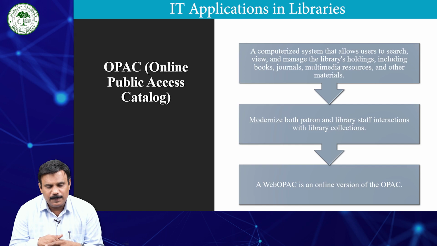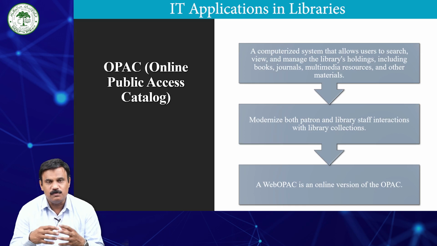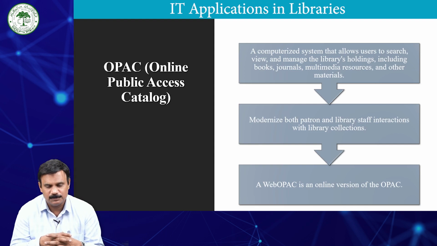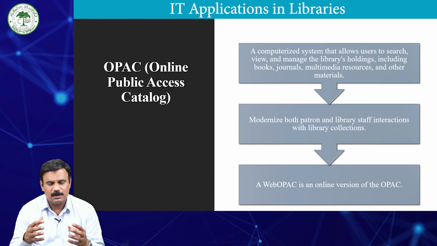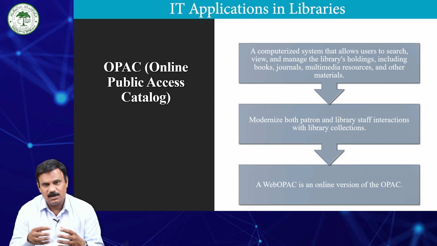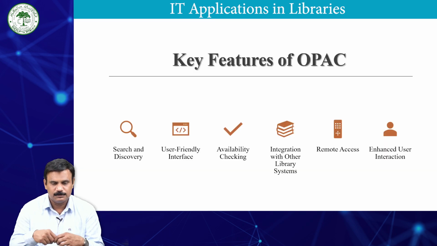So this OPAC is a computerized system that allows users to search, view, and manage the library's holdings, including books, journals, multimedia resources, and other materials. OPAC modernizes both patron and library staff interactions with the library collections. This we already discussed. The web OPAC is an online version of the OPAC.